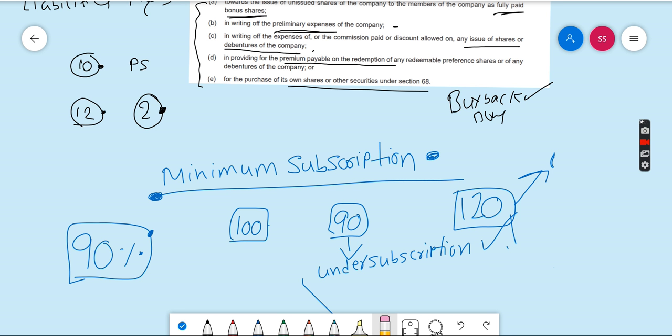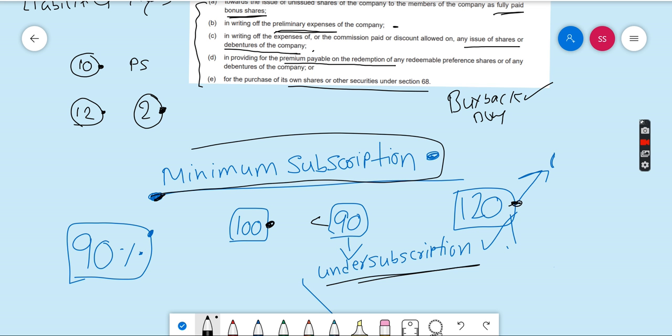So the minimum subscription will be given in the prospectus. If they mention 90%, then 90% should subscribe. If they subscribe any less than 90, then that will be called under subscription. Let's just say you have issued only for 100, but 120 people subscribe to your IPO, then that will be called over subscription, right?